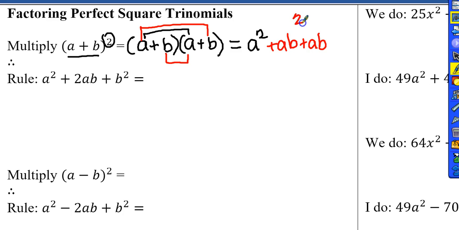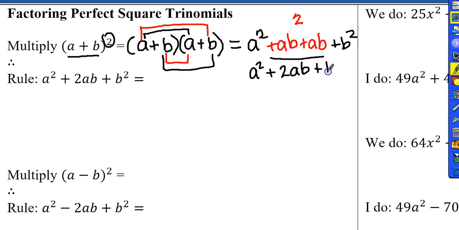Notice that there are two of them. And then, of course, our last multiplication is a positive b squared. So now we simplify that, but the big deal here is that there are two ab's in the middle. So we'll write it as a squared plus 2ab plus b squared.